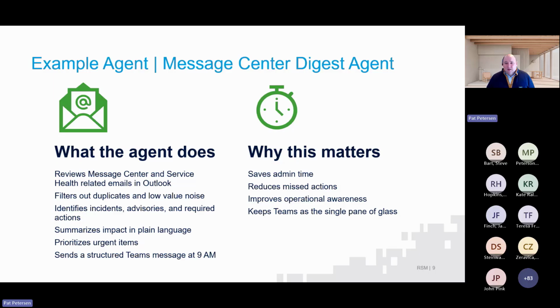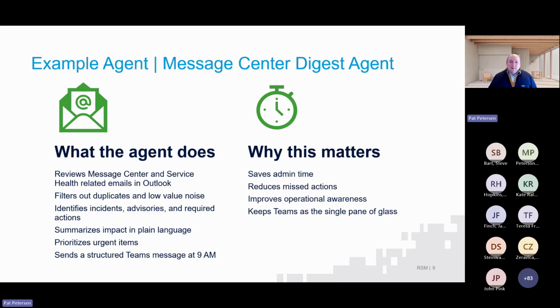It saves me time. I don't have to go through every single message and read through it or summarize each one individually through the Outlook Copilot component. I also have the ability to make sure that I'm not missing something, right? Copilot doesn't get tired. Copilot doesn't take a day off.